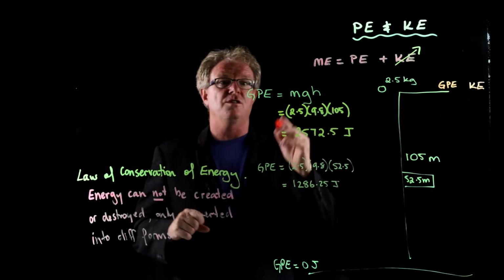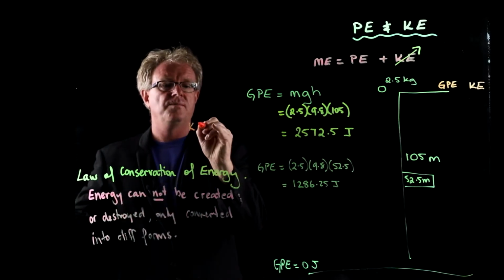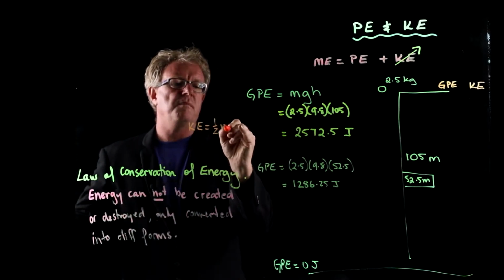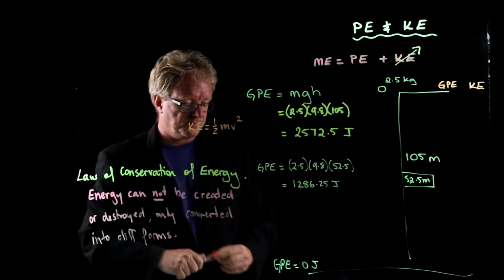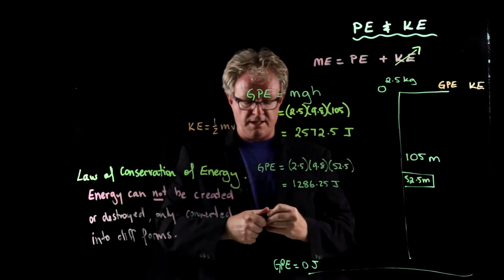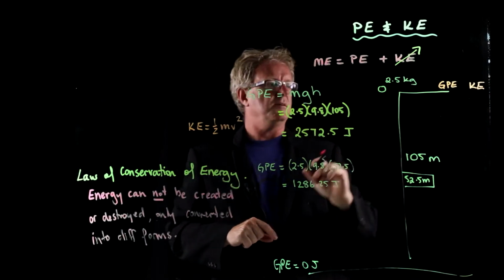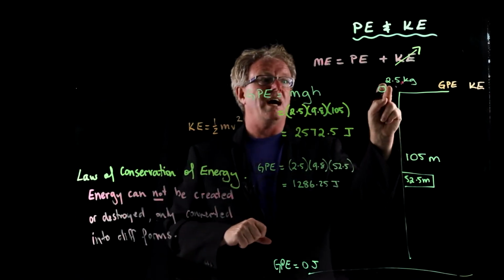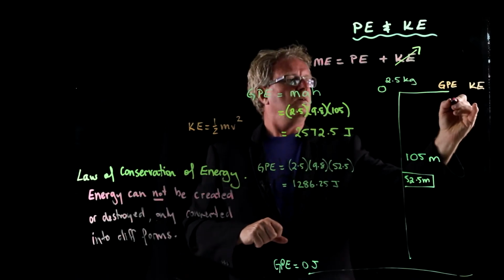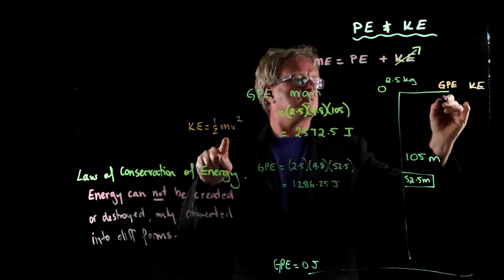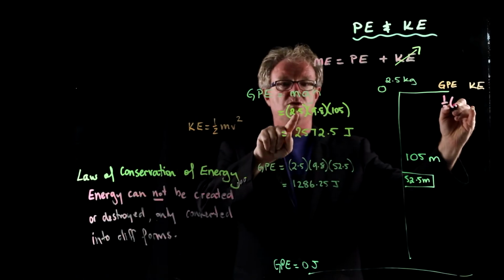Well, the formula for kinetic energy is a half mass times velocity squared. So let's do some calculations here. We'll do the kinetic energy values over here. So the kinetic energy up the top, we said it's a half times its mass, which was 2.5.